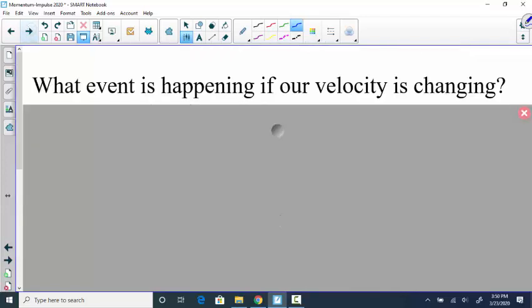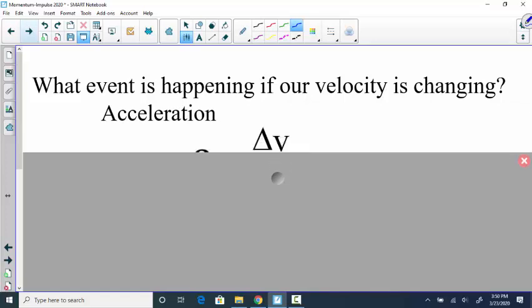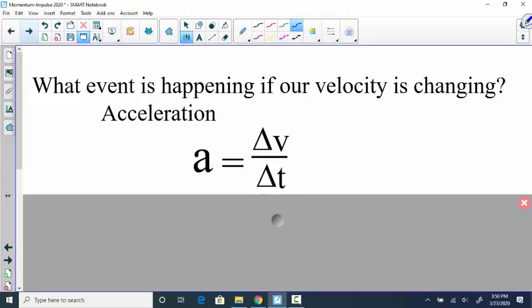Then you've got to think about, okay, if velocity is changing, what event is actually happening? And I hope you're thinking in your head, well, a change in velocity is acceleration. Acceleration is a change in velocity with respect to time.